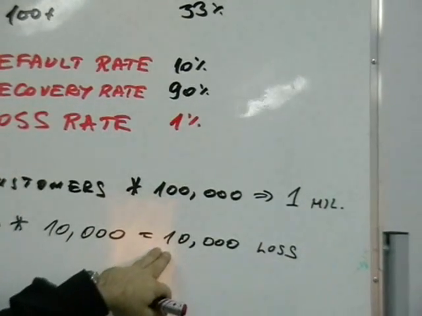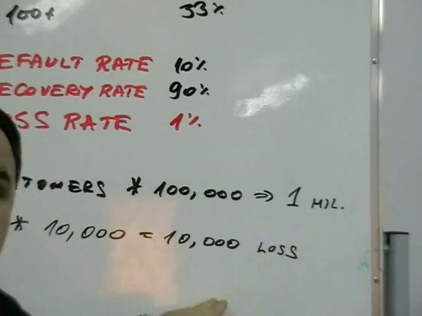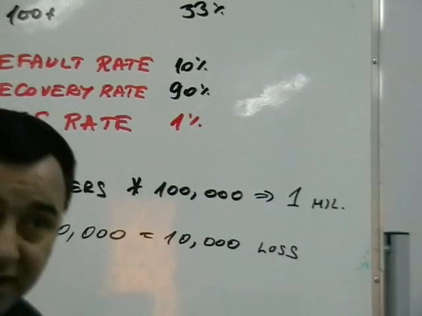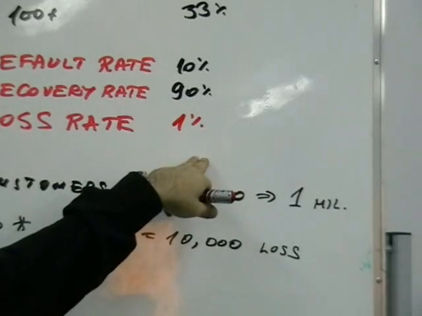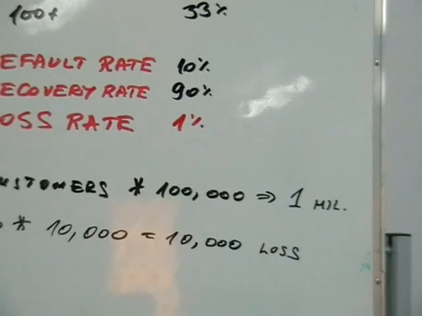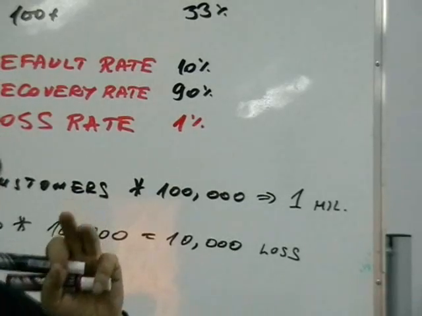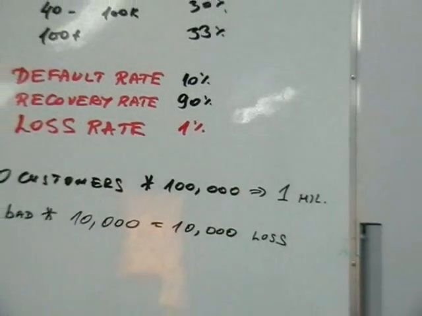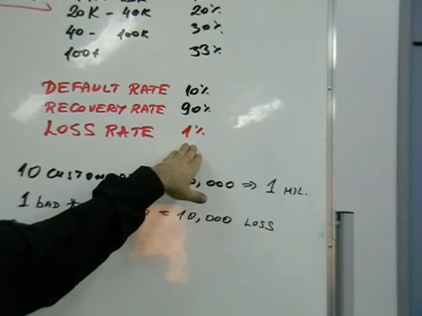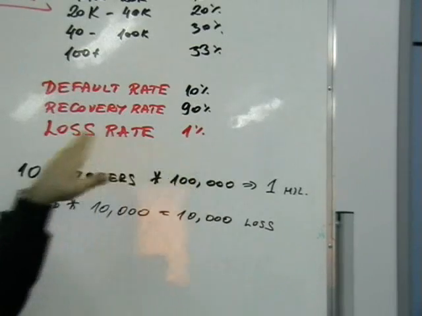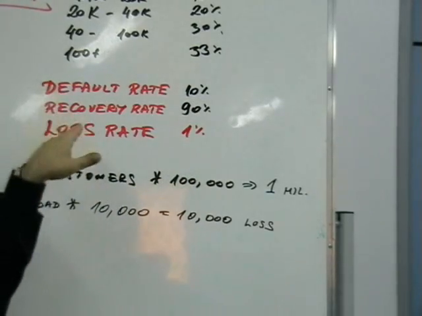When you divide 10,000 by 1 million, it is 1%. So the loss rate is, in this case, 1%. So what the bank would typically do is charge a risk premium of a little over 1% to compensate itself for the risk of loss, of default.